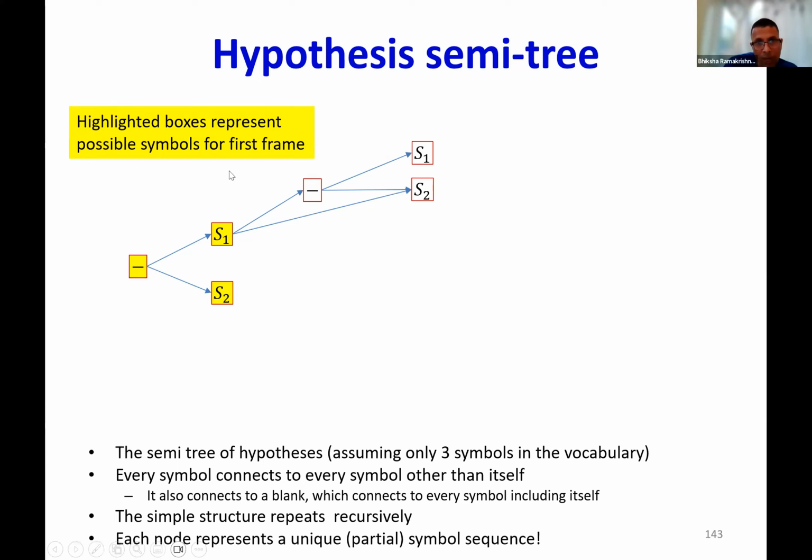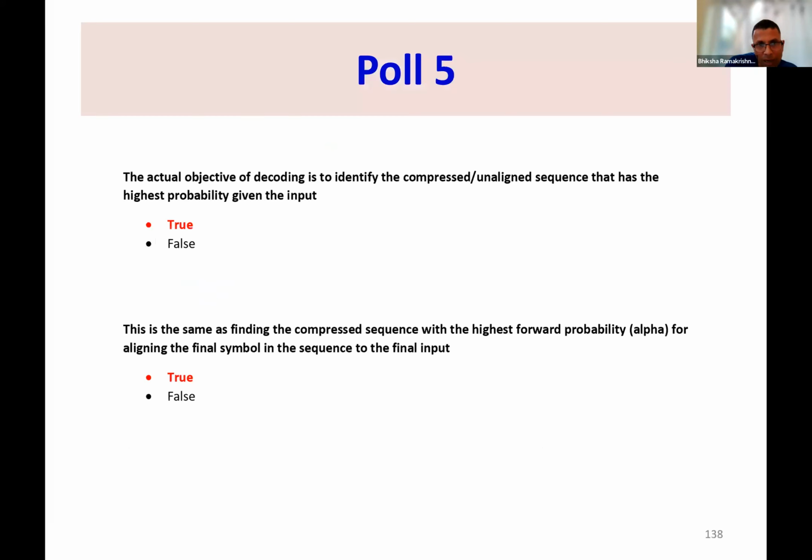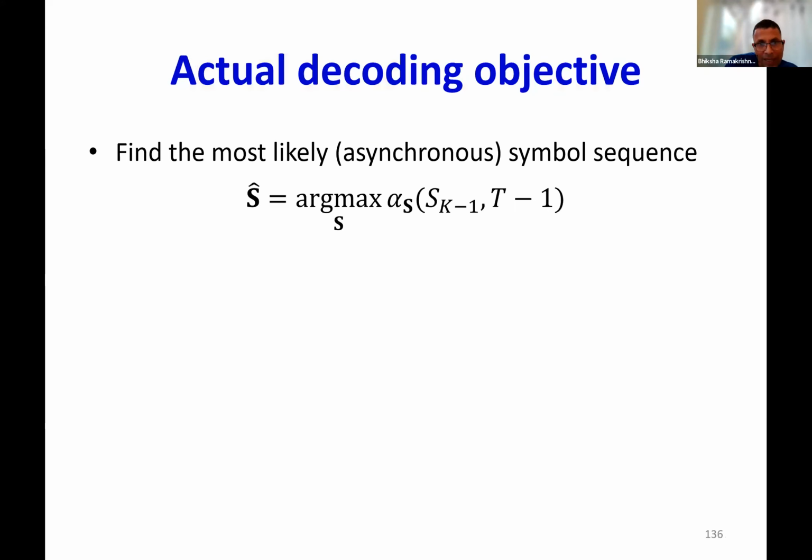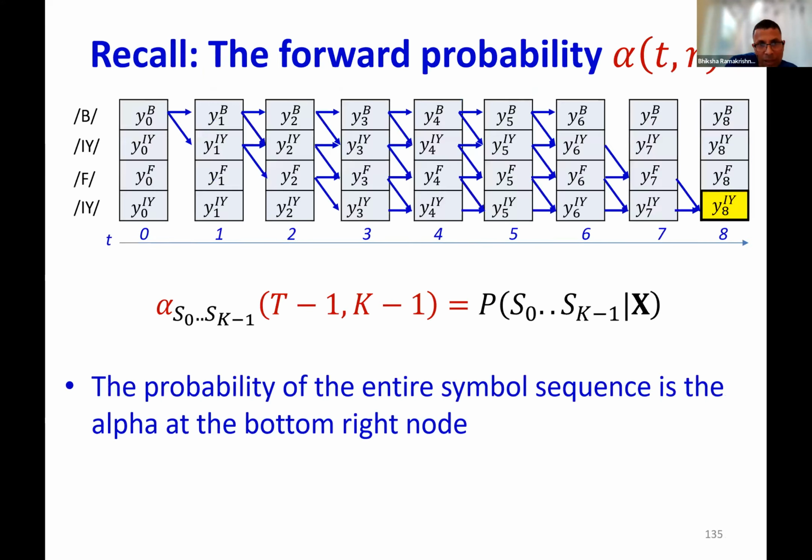So we have the S1, but for the path from S1 to S1, it must go through the blank. Otherwise, you can't have two S1s in a sequence, right? But in the previous tables, you had the horizontal arrow going. Okay, over here these are alignments, so you can have repetitions.